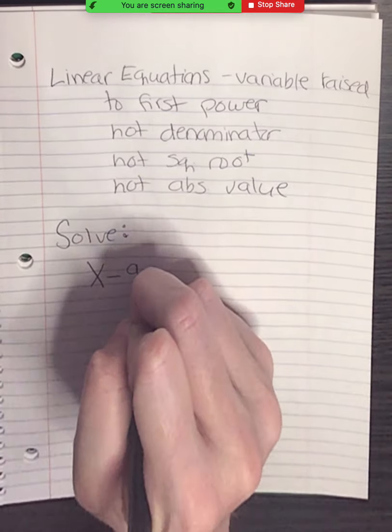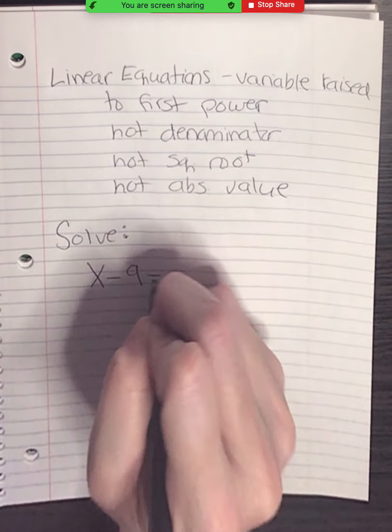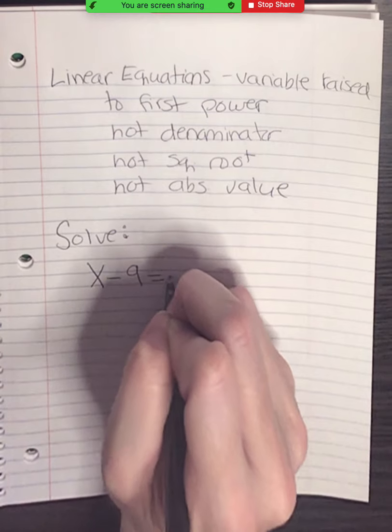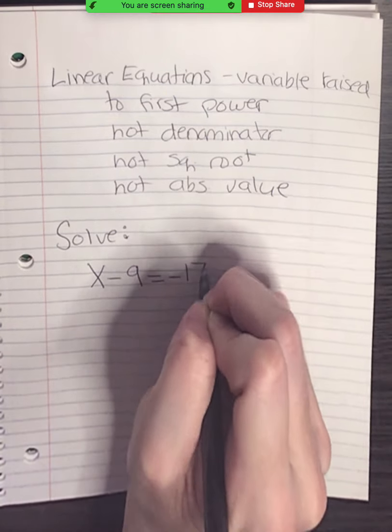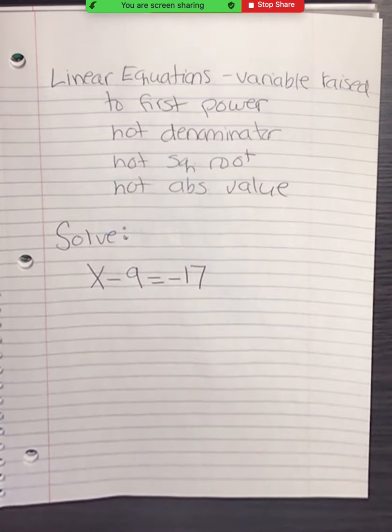What I'm doing to it is I'm subtracting 9. So to undo that, use the inverse. So the inverse of subtraction is adding. So I want x by itself. So I subtracted 9.